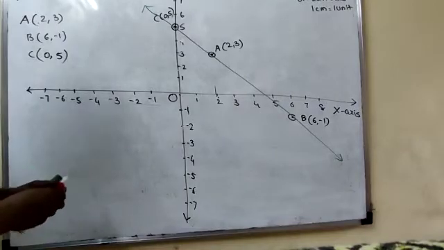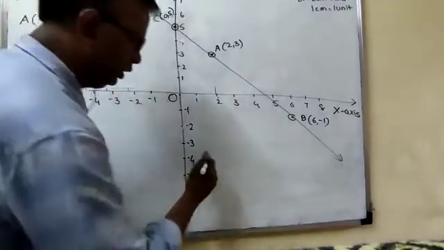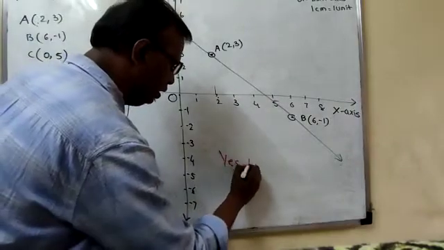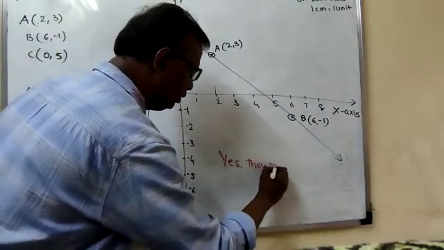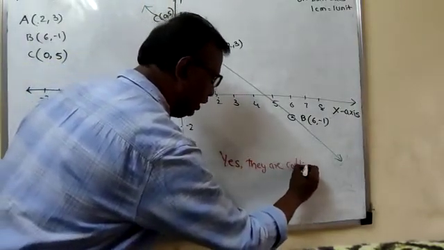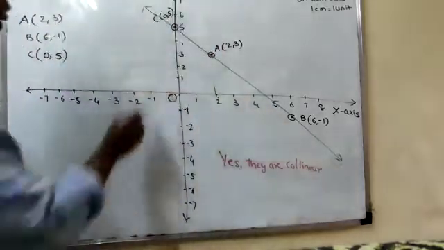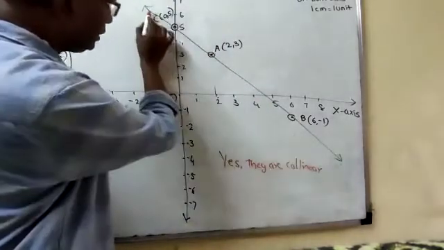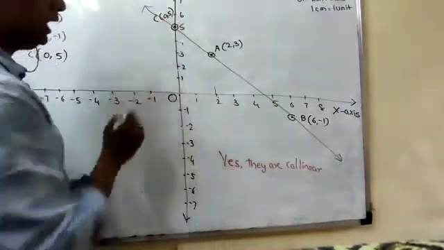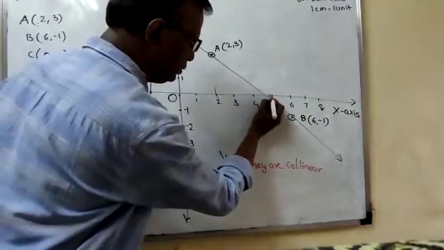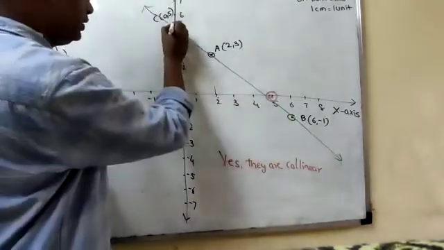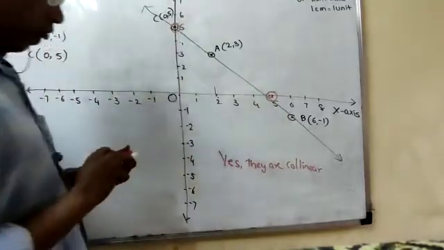Yes, they are collinear. You have to write this on the right hand side. If they are collinear, then when you draw the line, it intersects the x-axis and y-axis. So x-axis here and y-axis here. What is the answer?